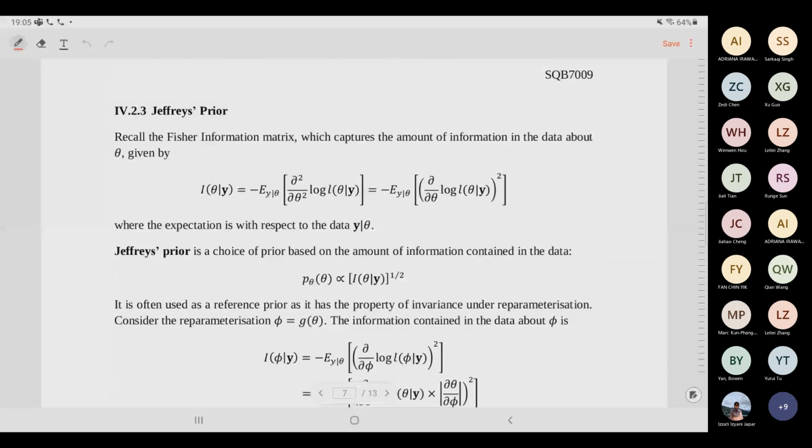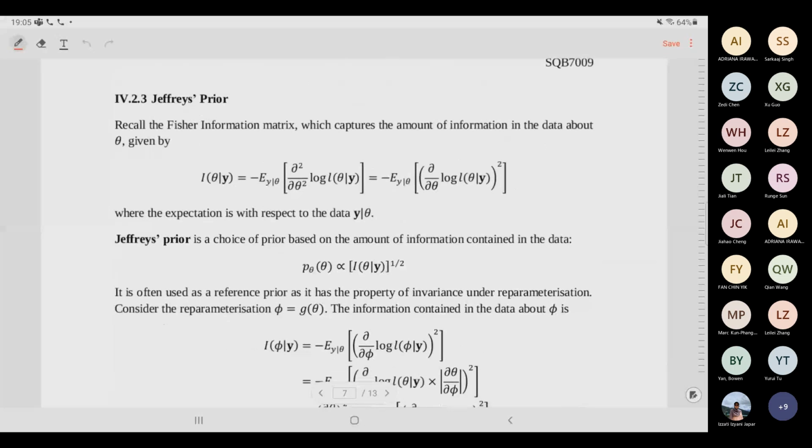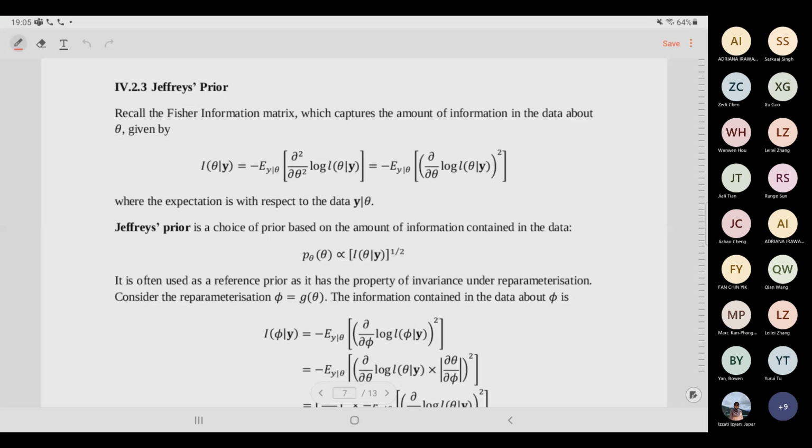Okay. So the Jeffreys prior. Basically this chapter is all about different priors that you can use. One other kind of prior that we can use is called the Jeffreys prior, which is based on the Fisher information matrix.